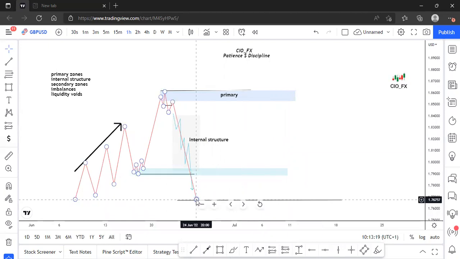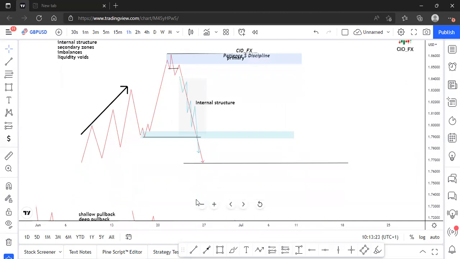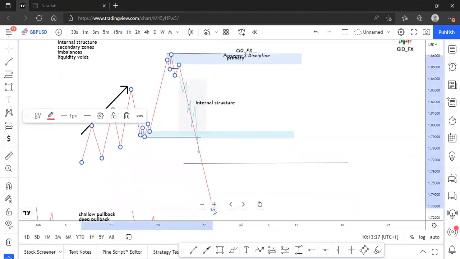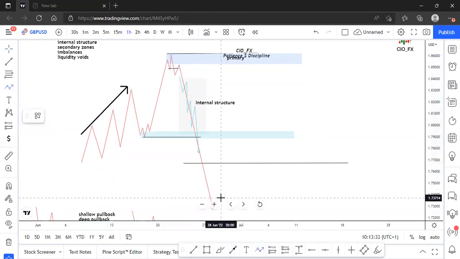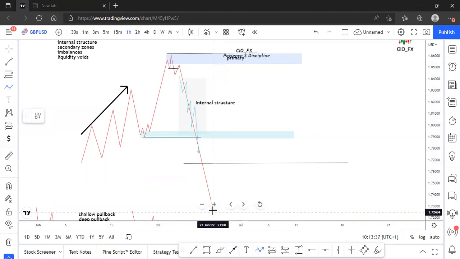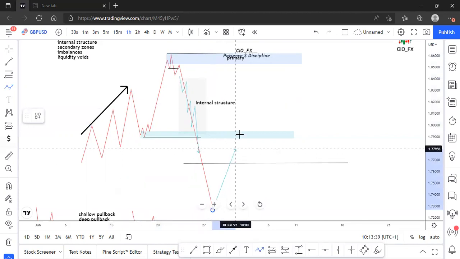If there is distance and momentum, the market will just come like this, retest on the secondary zone, and go down. And that is what price action traders used to do. You see it come here, test your secondary zone, and continue on that flow downward.